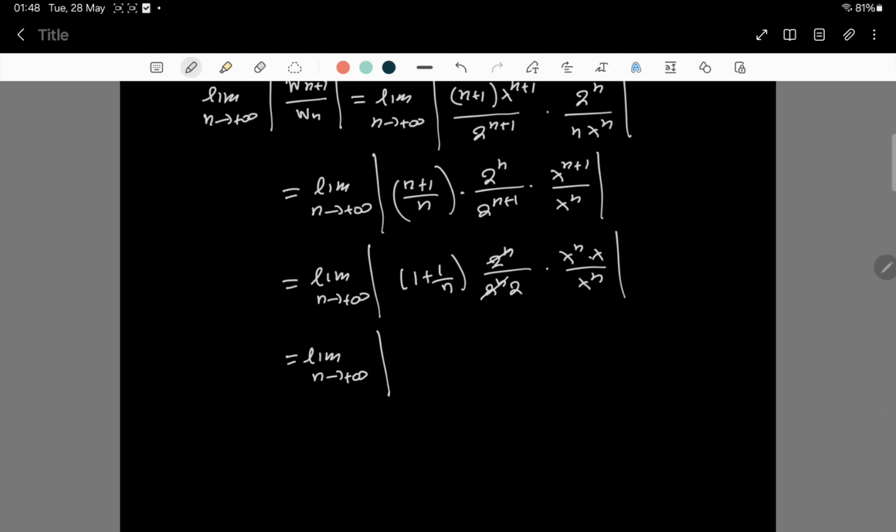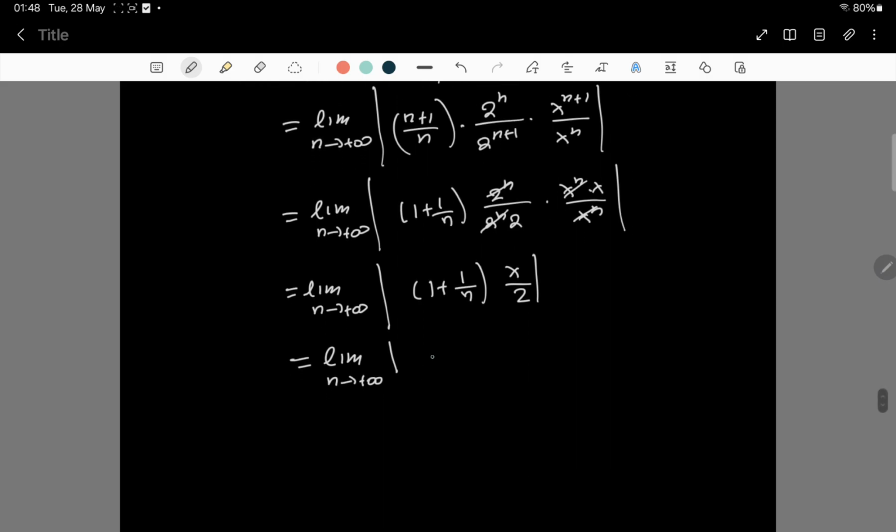Now we simplify these terms, the 2 to the power of n's and x to the power of n's, and we have the limit as n grows to infinity of (1 plus 1 over n) times x divided by 2. So this is the modulus of 1 plus 1 over n times the modulus of x divided by 2.